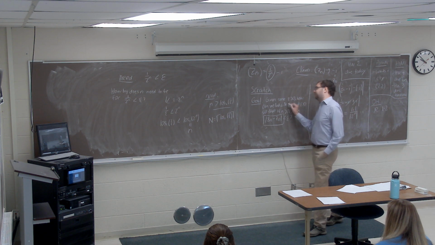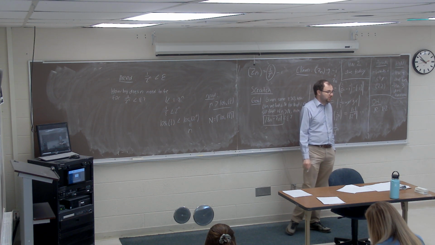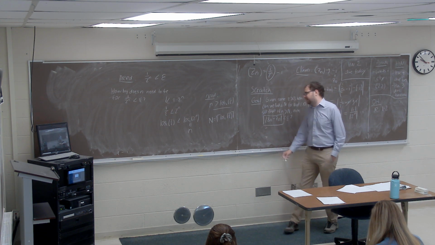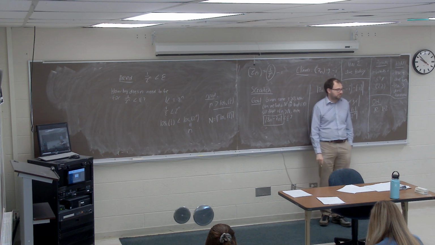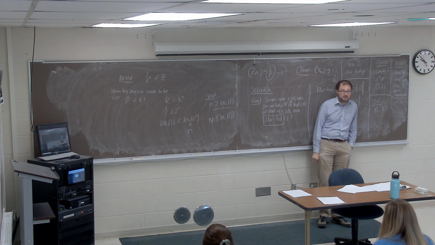So, here's the problem. We could try and let big N be equal to log base 2 of 1 over epsilon, but we can't necessarily do that because big N has to be a natural number, and there's no guarantee that log base 2 of 1 over epsilon is going to be a natural number or a positive integer.